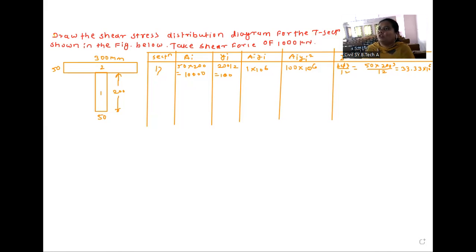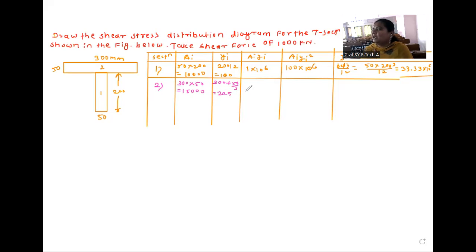Now section 1 is over. We will move towards section 2. So we will write here section 2. For this second section, width is 300, depth is 50. So 300 by 50 is equal to 15,000. Yi is 200 plus 50 by 2, which is equal to 225.